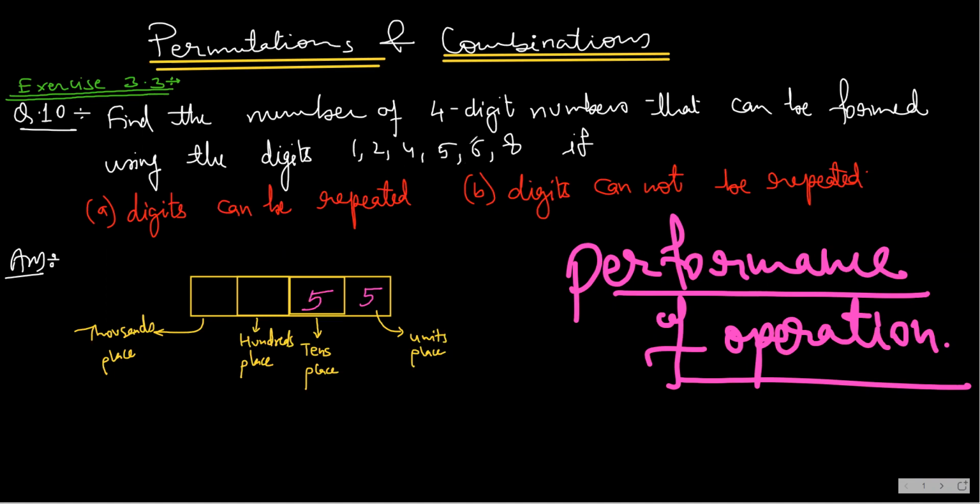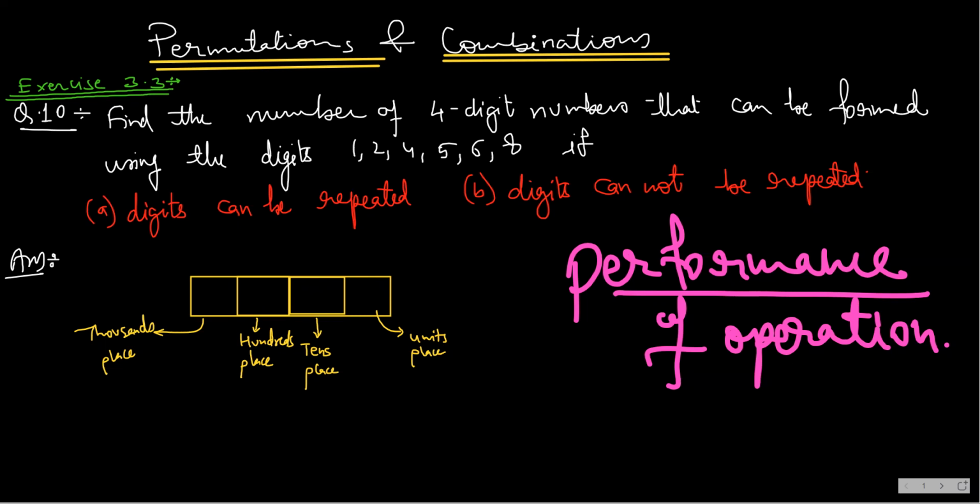From these 6 digits, you chose to write 5 here. That doesn't mean that you cannot write 5 here again. So the digits can be repeated. So you can have a number like 5555. This number is also possible. Yes, you can have a number like 6555. See, 5 is repeated.